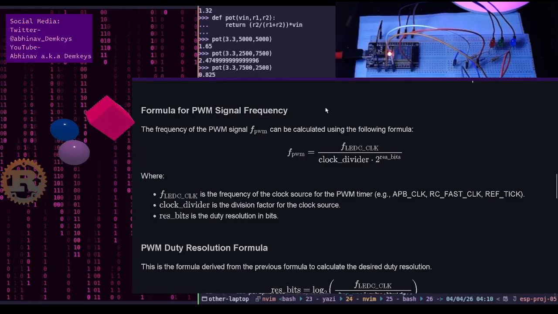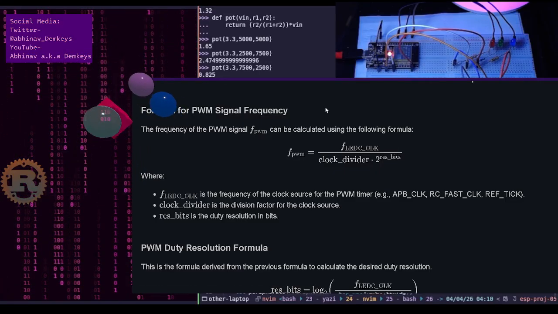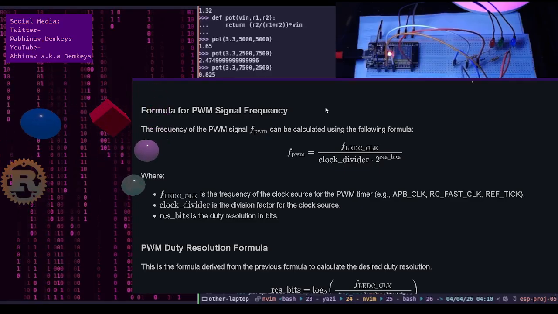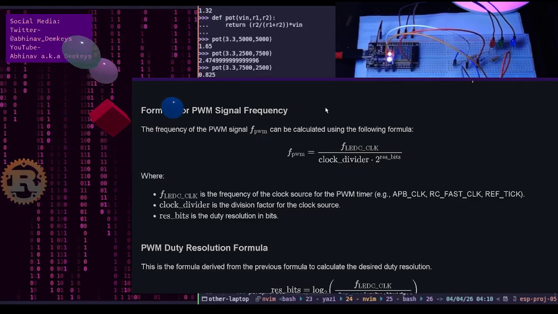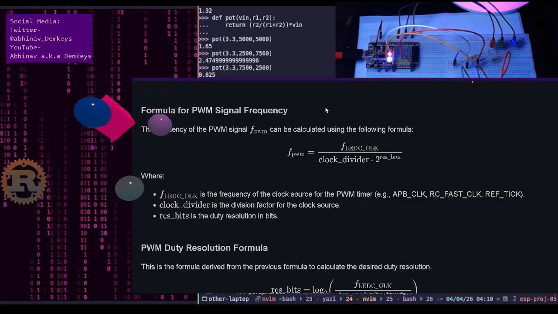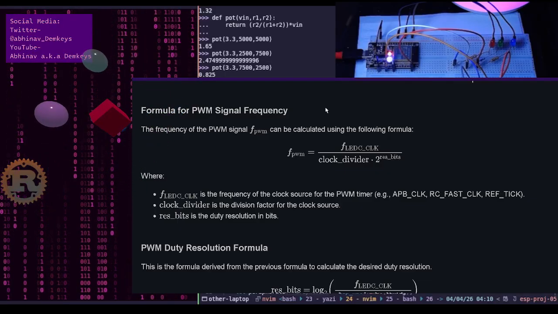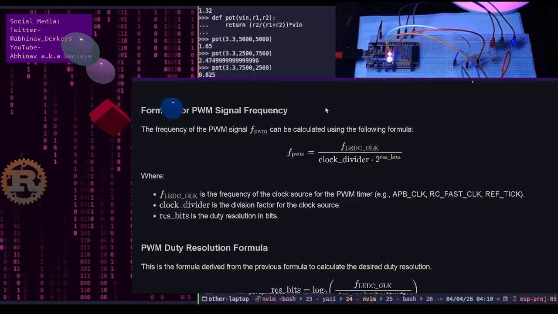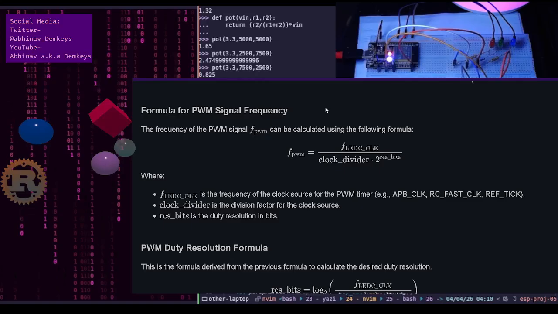Signal frequency would be 1 divided by the period, right? 1 divided by the period would be the signal frequency.